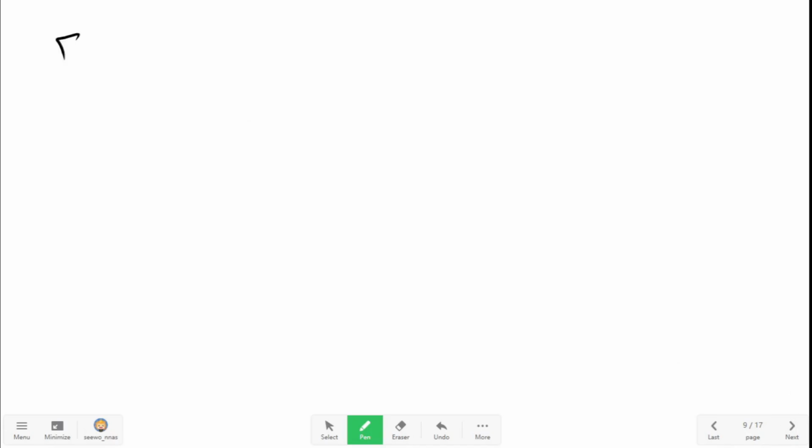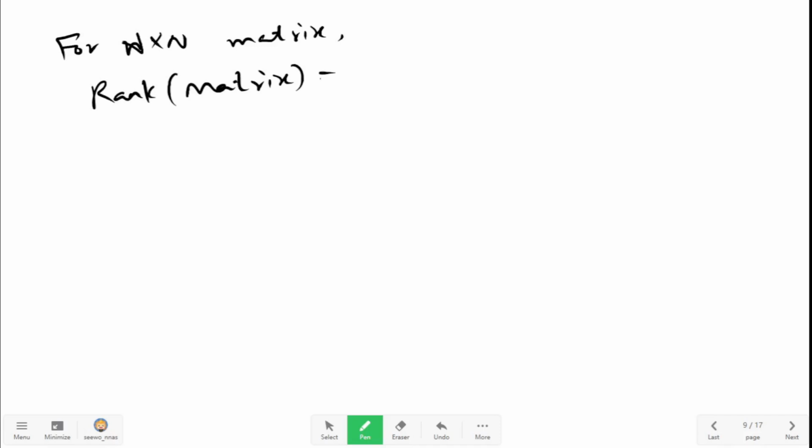Now for an n cross n matrix, the rank of the matrix is equal to the number of non-zero eigenvalues.